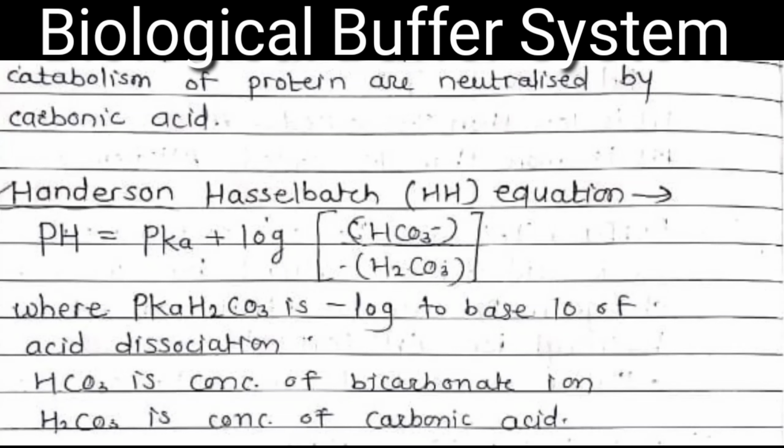The weak acid is carbonic acid, whereas the conjugate base is the bicarbonate ion. HCO3 minus is the concentration of the bicarbonate ion, whereas H2CO3 is the concentration of carbonic acid.